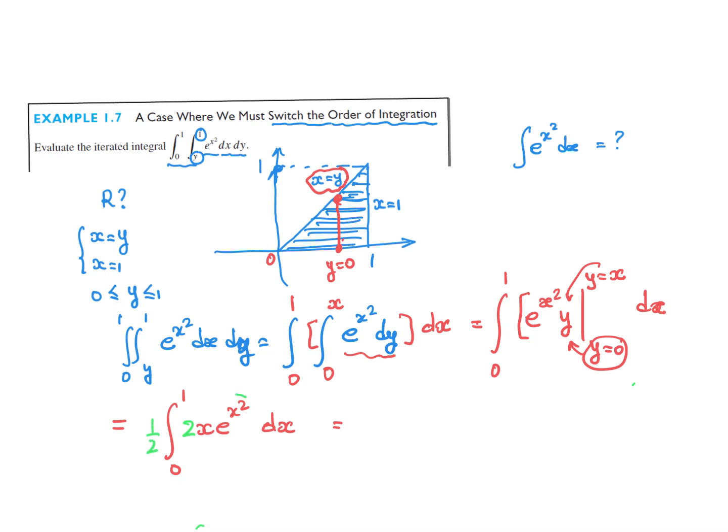The derivative of x squared is 2x, so this is just half of e to the x squared when x goes from 0 to 1. So it's going to be half, and then we substitute, we get e, and we substitute, we get 1. So it's half of e minus 1, which is the final answer.